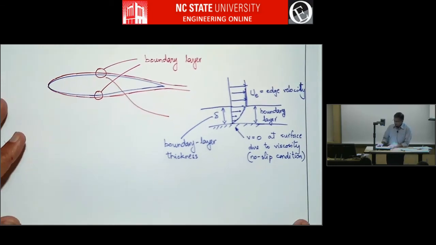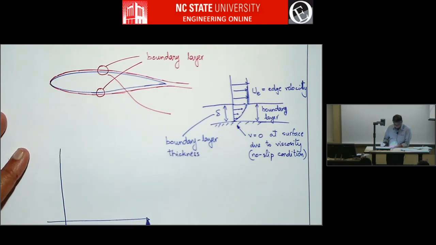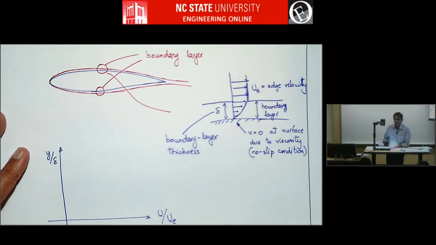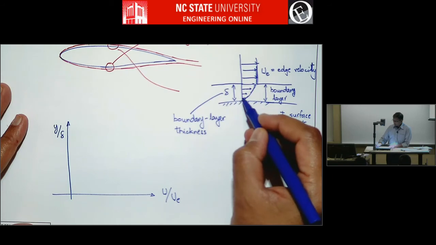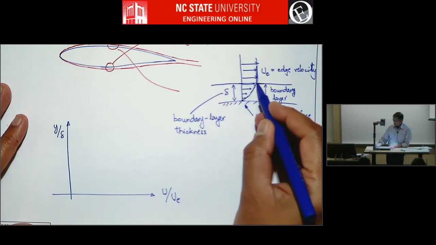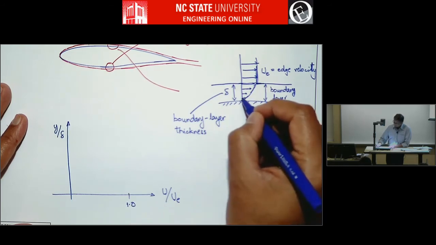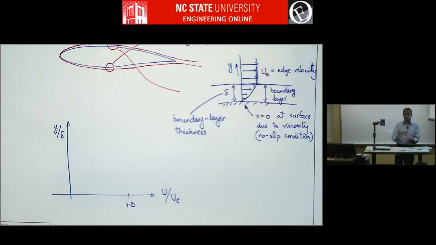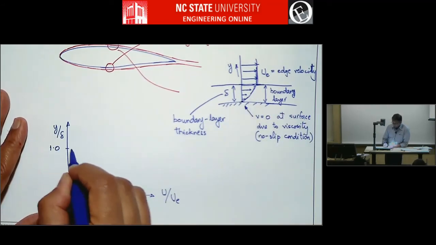So let's plot this on a larger scale. I'm going to plot it in non-dimensional form, U over UE versus Y over delta. UE is the edge velocity. So if you go from 0 over here, U will become UE, so that U over UE will be 1. And Y is the normal direction coordinate, and when Y equals delta, Y over delta is 1. So this is the edge of the boundary layer.